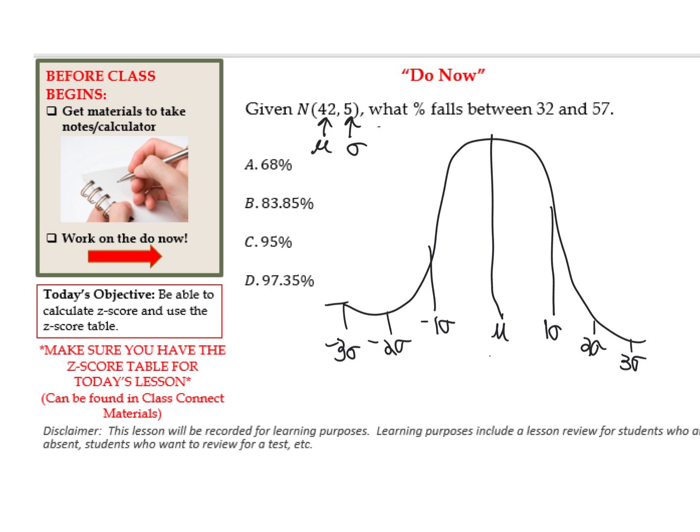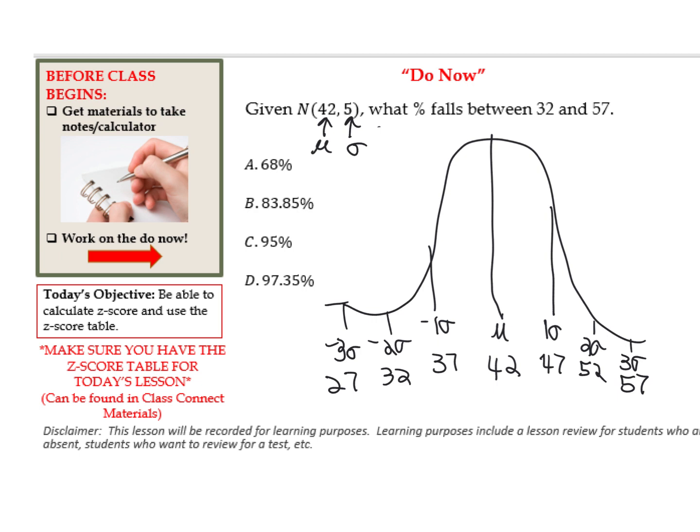The mean is 42, my standard deviation is 5, so above the mean I'm going to add 5 for each standard deviation, and below the mean I'm going to subtract 5. So this would be 37, minus 5 would be 32, minus 5 would be 27.